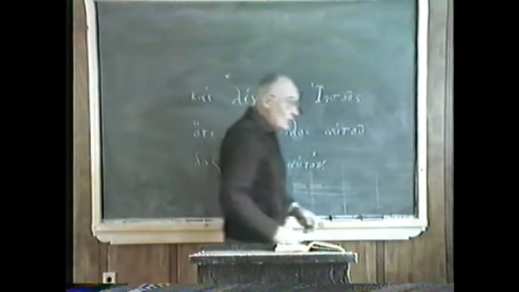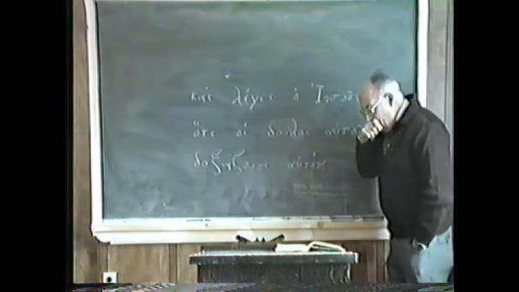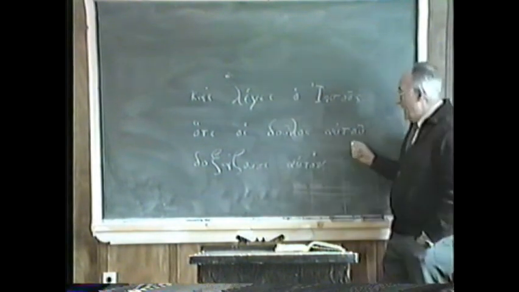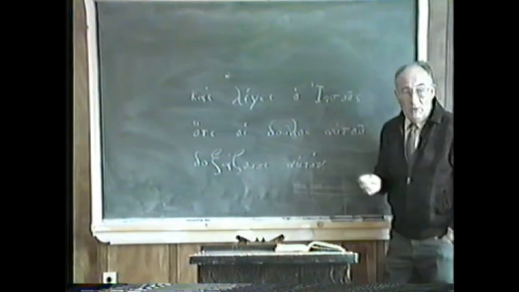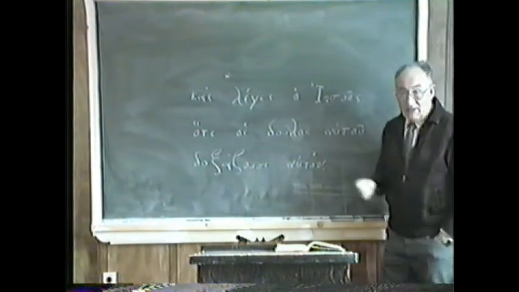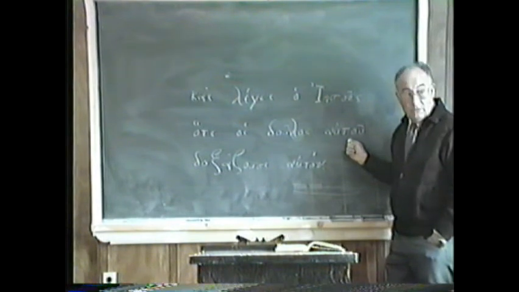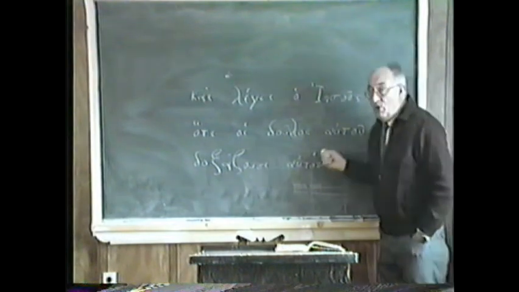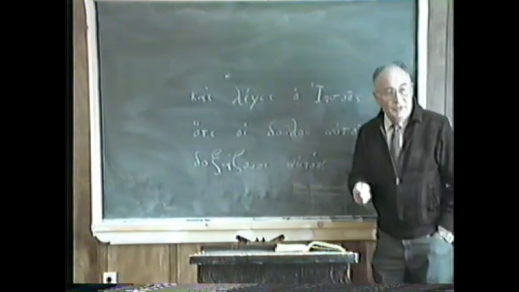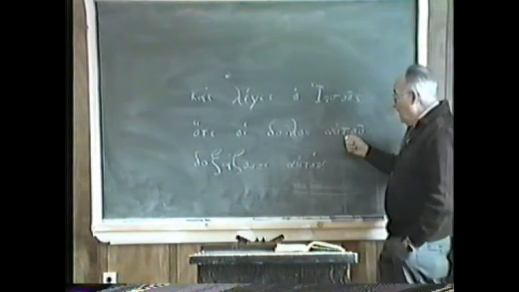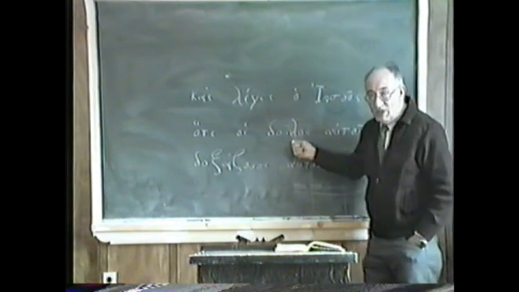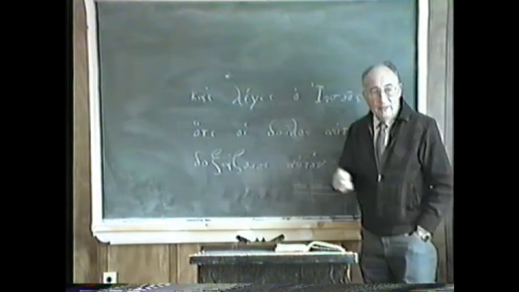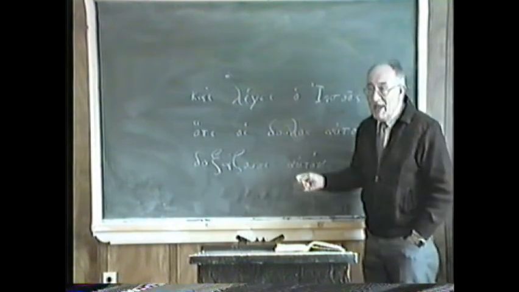Now here, even though I might have the same case, isn't this the same form, not only for the masculine of autos, but also for what other gender? Neuter. Sure. I know then I've got a masculine third person pronoun because it is used with a masculine noun. See that? I know that.